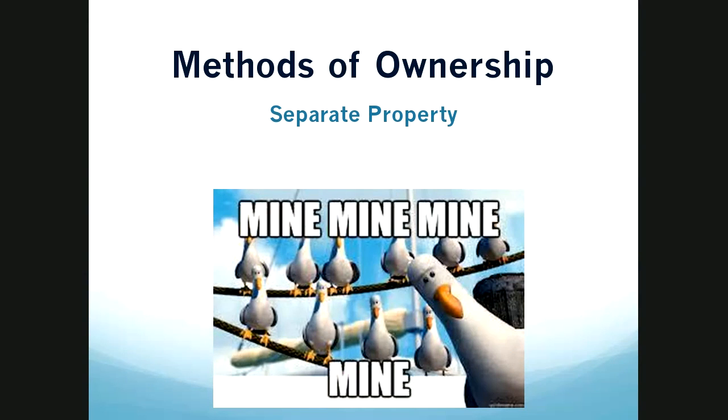So before we get to understanding community property, we have to understand separate property. Separate property is property that is owned by a married person in his or her own right during marriage. Or at least that's the way your book explains it to you.